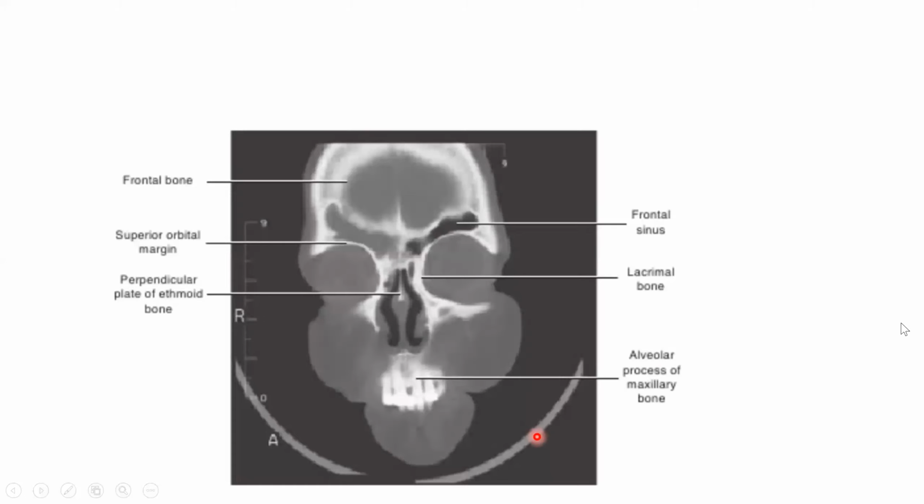So again, a part of the anatomy, and this is the CT coronal reconstruction. You can see the frontal bone, superior margin of the right orbit.